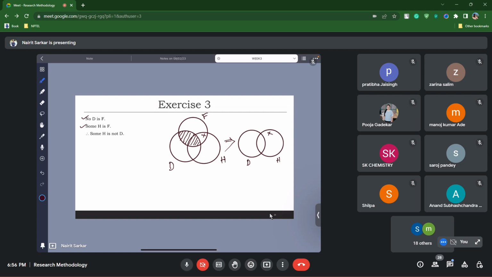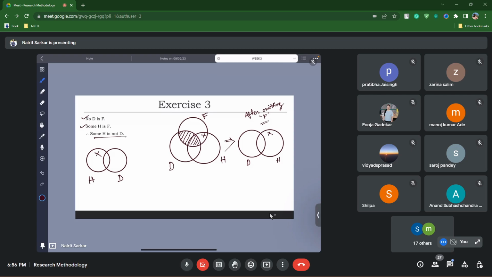After omitting F, is it okay now? Now from the conclusion also, as we can draw H, D, some H is not D, so here.